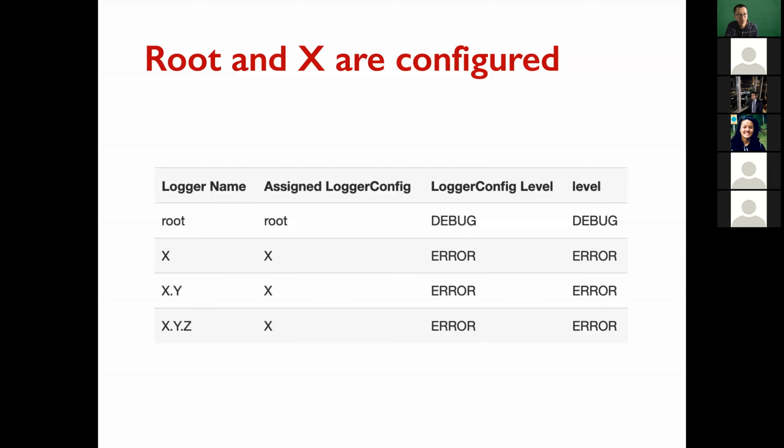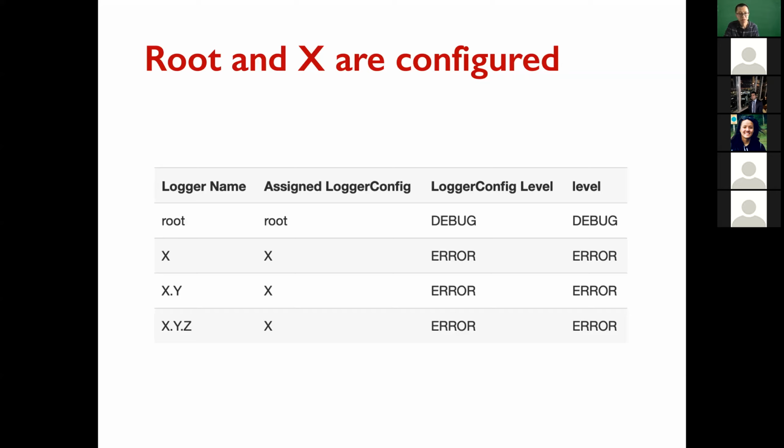In this example, we have more configurations. So we configure a root logger and also the x logger, right? We configure 2 loggers. Here we don't configure the loggers x.y and x.y.z. In this case, the loggers x.y and x.y.z would reuse the config from their closest parent, which is x.